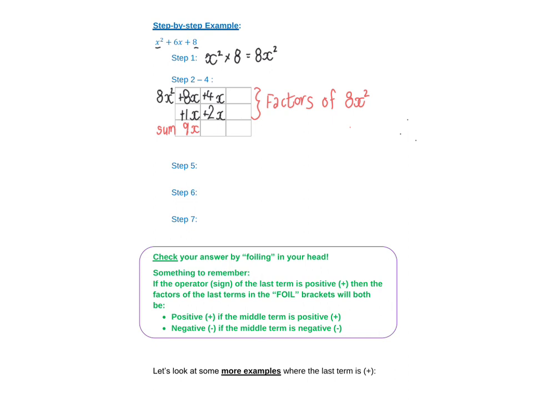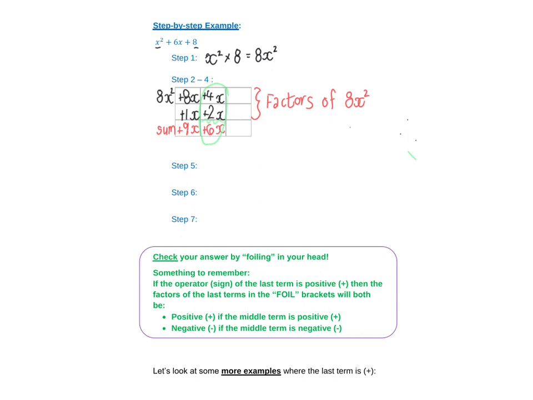But then if I sum the factors, I get 9x for the first pair of factors, which I then see is not the value of the middle term. And then if I add the 4x and the 2x, it gives me positive 6x. Let's just write those positives in there as well. And that is then the actual result that I would prefer, because it gives me the middle term value. So these are the factors I have to go with.